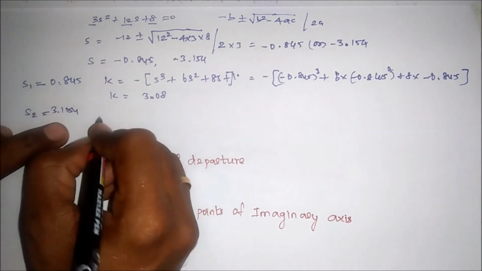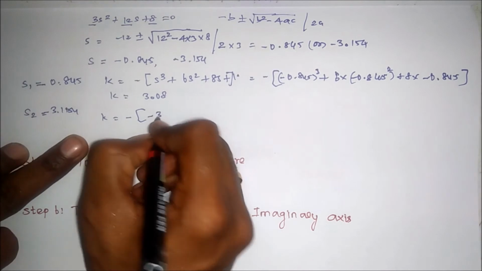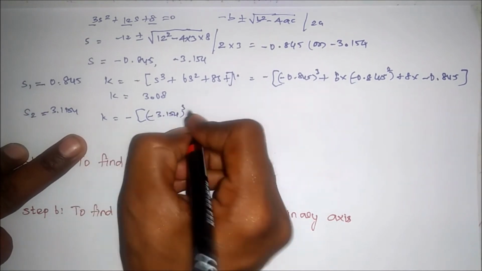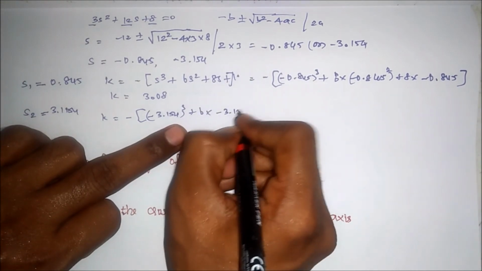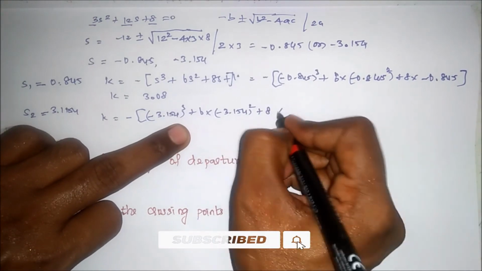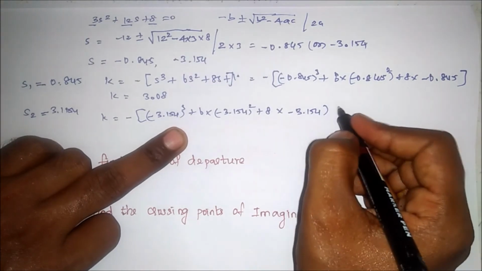So now we will substitute s equal to minus 3.154. So now k equal to minus of minus 3.154 the whole cube plus 6 into minus 3.154 the whole square plus 8 into minus 3.154.